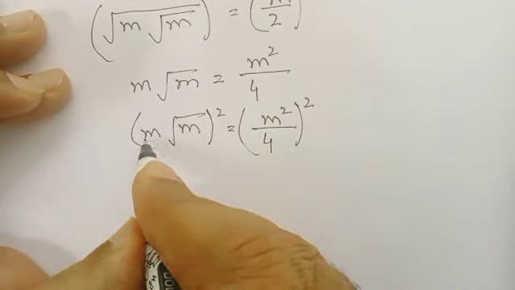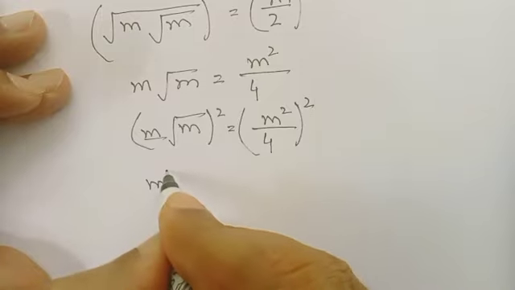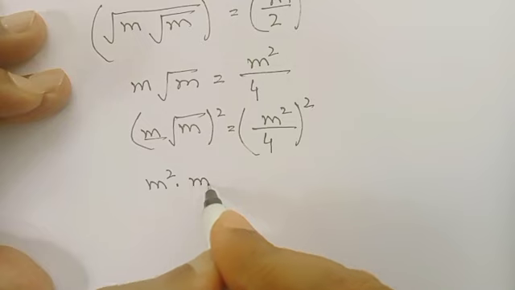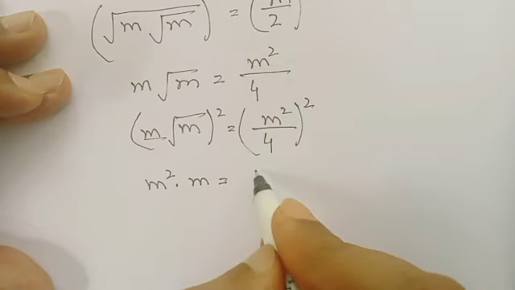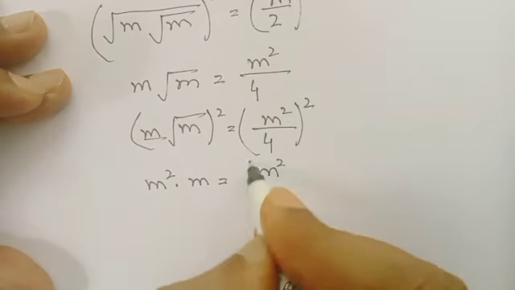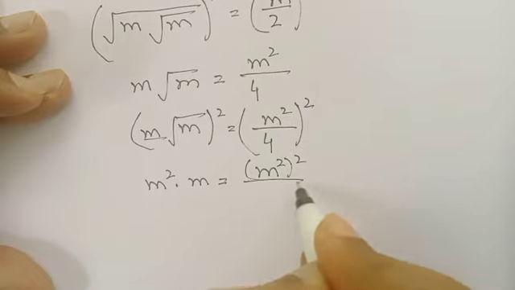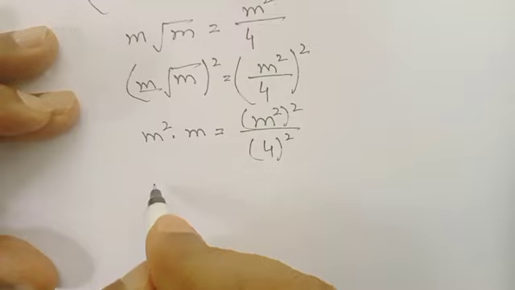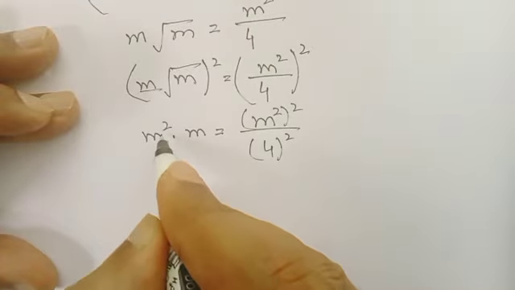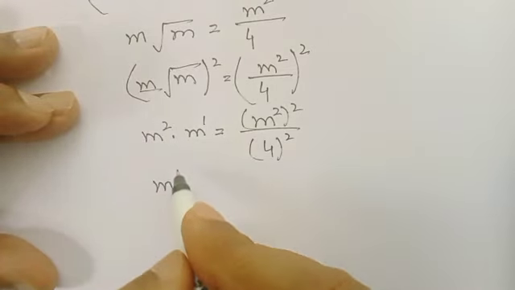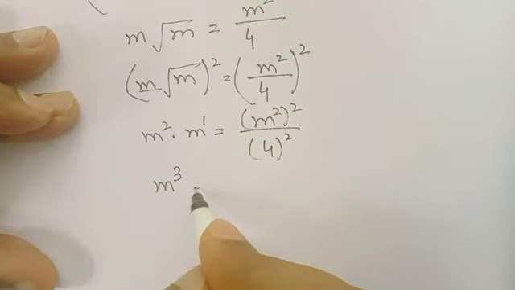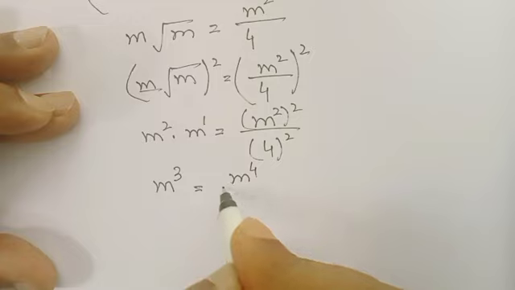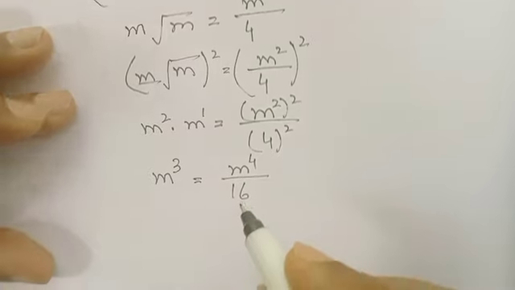Here this m will be squared, and the square root and square cancel, so m equals m to the power 4 over 4 squared. So m squared times m becomes m cubed, which is equal to m to the power 4 divided by 16, since 4 squared is 16.